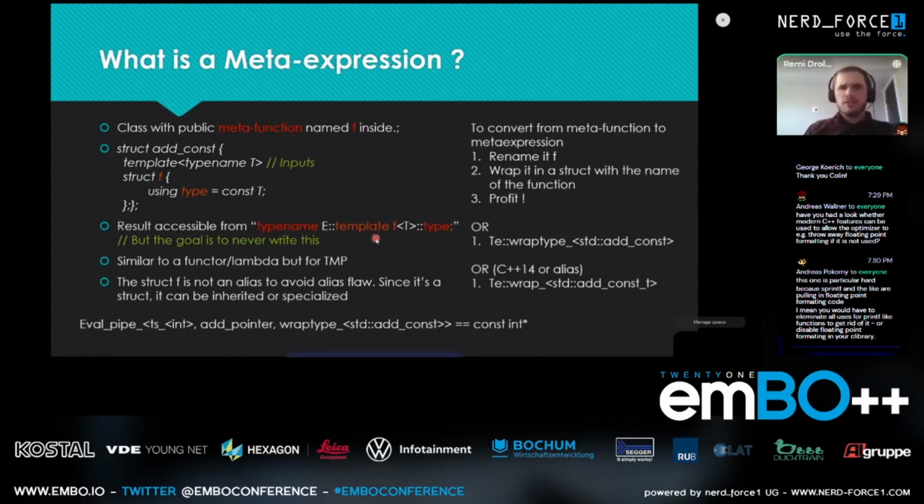It's very similar to a functor or lambda, but for TMP. So if I could name it nothing, I will do it, because I want to do the same thing as the call operator. And the reason there's a template there is only because the parser has some trouble distinguishing between a type and a value.